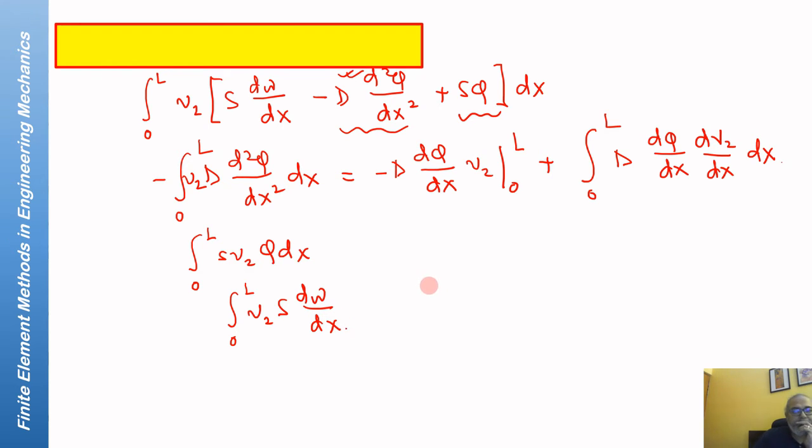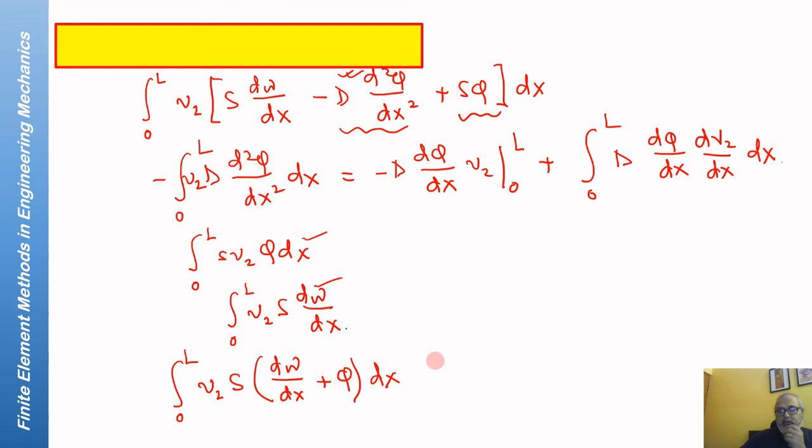So from here and here, when we add them together, we will have the integral 0 to L of v2 S times dw/dx plus phi, just like we had in the row 1 term, plus the integral 0 to L of d times d phi/dx dv2/dx, minus the boundary term.